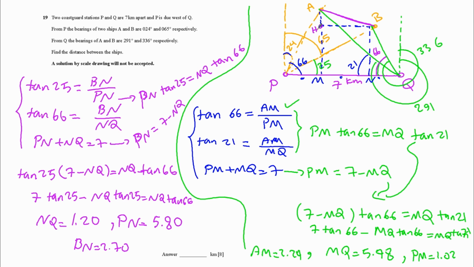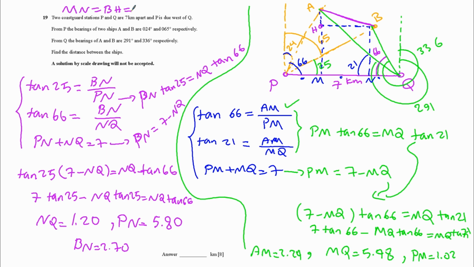So by adding these together, I'm just going to write it at the top in here, I can find that my Mn equals Bh equals Pn, which is 5.80 minus 1.02. So that would be 4.78.